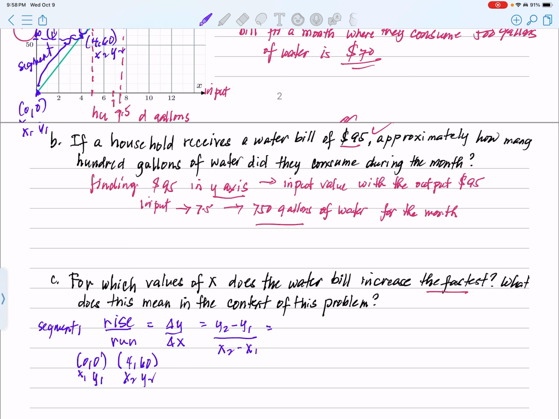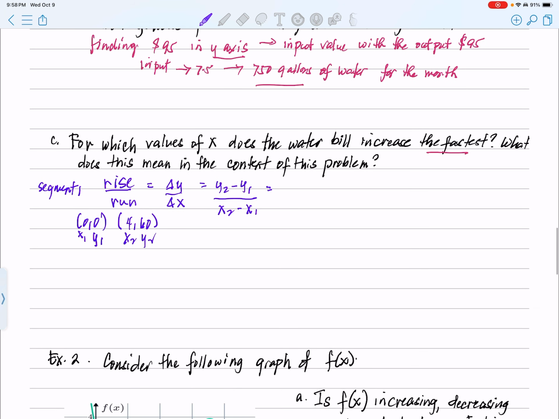All right. So y2 is 60 minus y1, 0. x2 is 4 minus x1, 0. So I have 60 over 4, which equals 15.